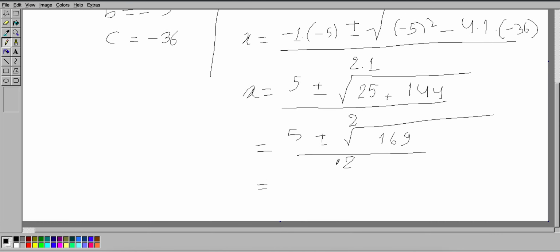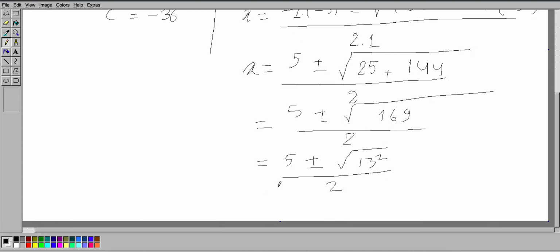This should be 13, since 13 squared is 169. So 5 plus minus the root of 13 squared, over 2. We cancel out the root and the square, so 5 plus minus 13, divided by 2 is our answer.